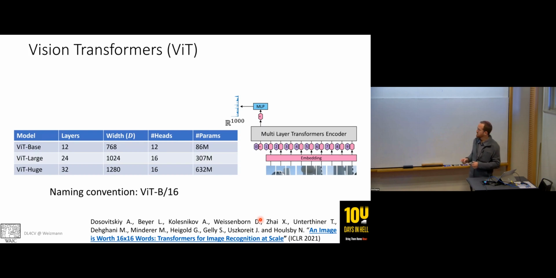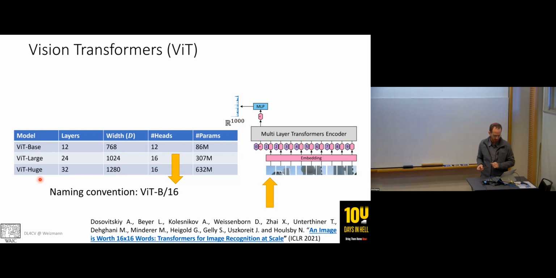Okay, and the naming convention that you'll see in papers that use transformer architecture. ViT is the vision transformer. The letter stands for the size: base, B, L, or what's the next one? Huge, and I think this is roughly it.